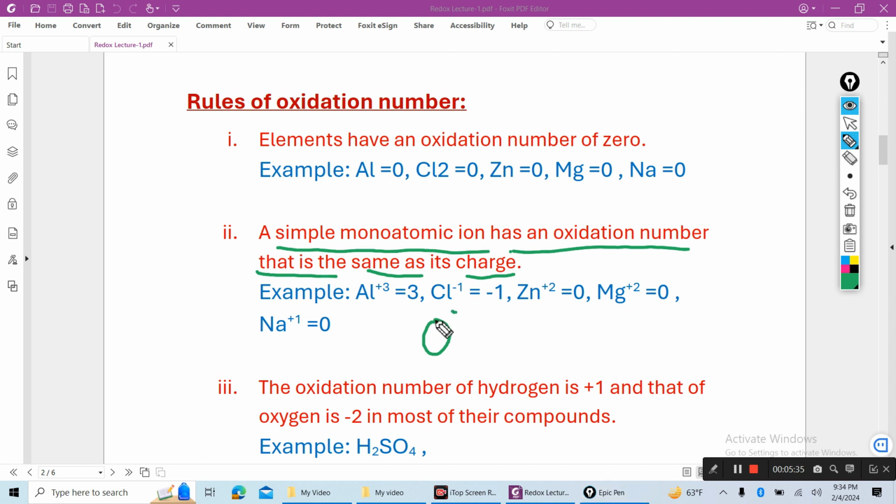Oxygen is monoatomic, meaning a single atom. Say its power is 2-, so the oxidation number will be -2. Pb2+, lead, oxidation number will be +2.